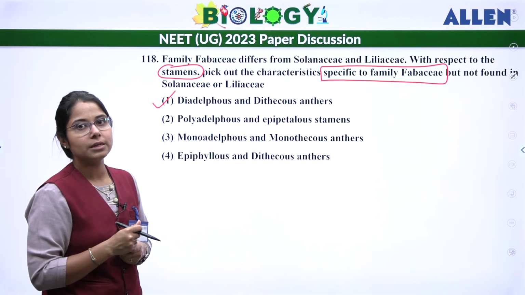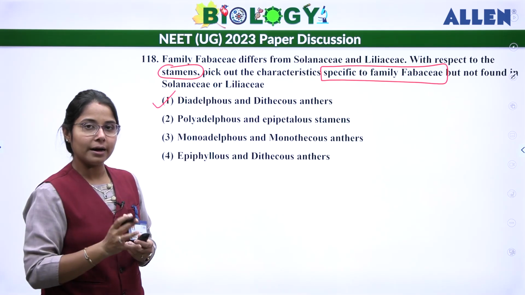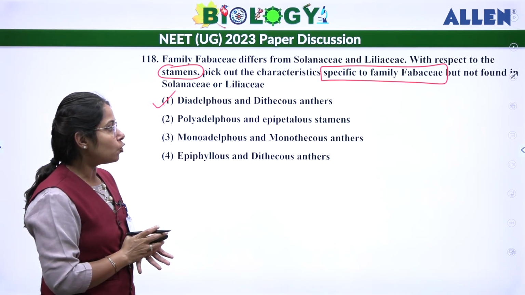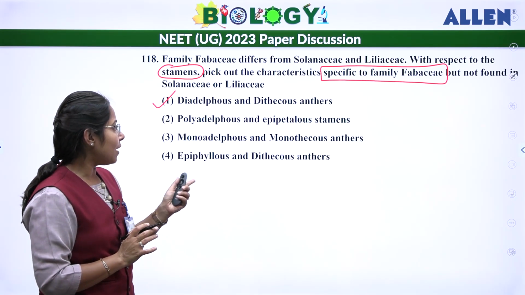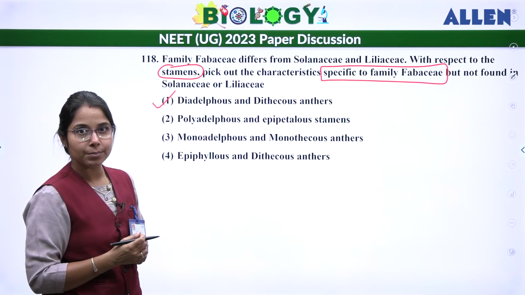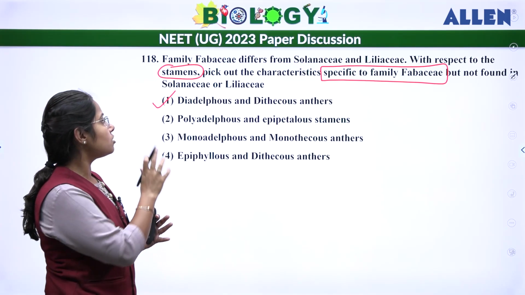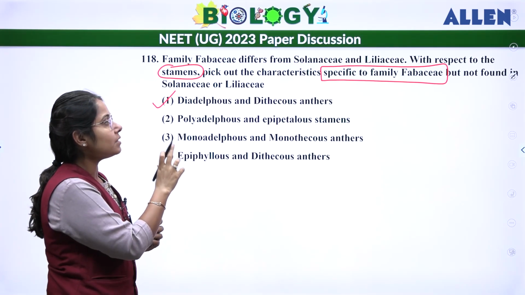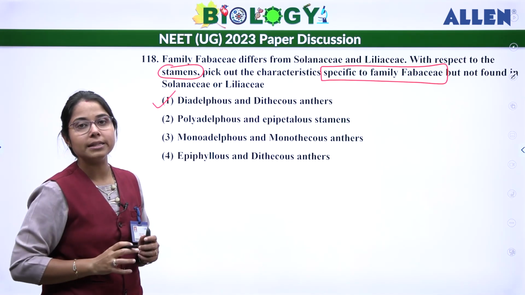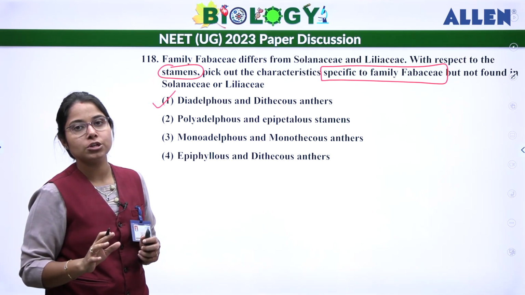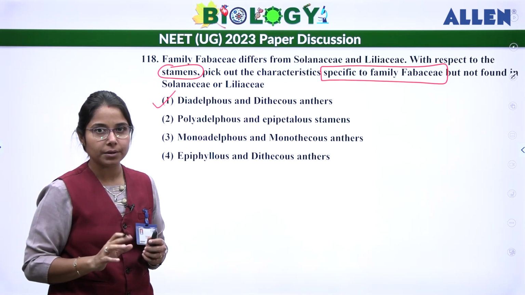Monoadelphous condition is seen in case of Malvaceae, again not in Fabaceae. Monothecous, again it is there in case of your Malvaceae family. Epiphyllous is there in Liliaceae family. So the correct answer for this will be your Diadelphous as well as Dithecous anther. Diadelphous and Dithecous is only there in Fabaceae but not there in Solanaceae as well as your Liliaceae family. Right?